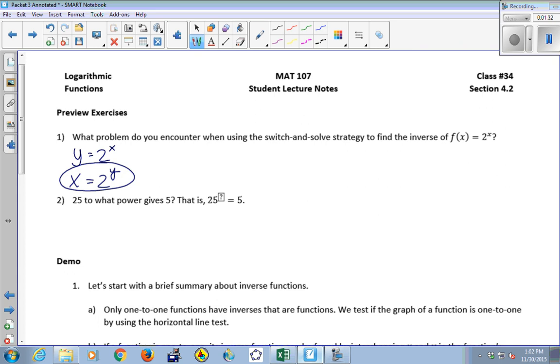Yeah, it's a little weird. Turn it into a fraction how? Okay. You don't know because we don't have a tool to do this yet. There is no algebraic tool that we know yet to solve that equation. Here, we're stuck.